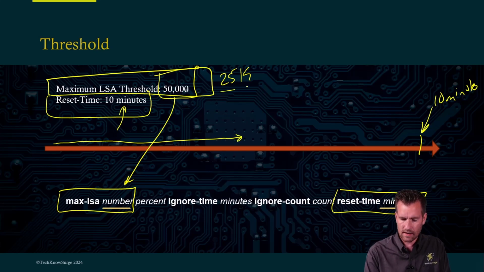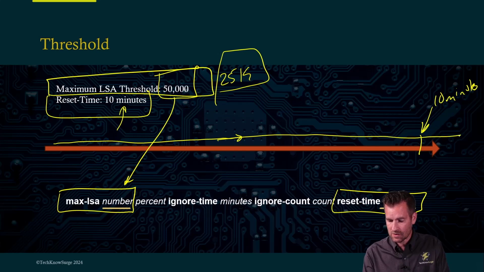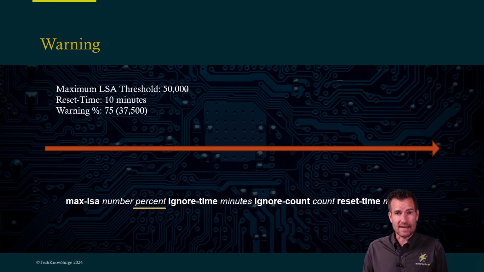If it reaches 25,000 before it hits this 10-minute mark, that's when it's going to hit that threshold, shut things down and stop listening. Otherwise, if it goes past this 10 minutes, at that point it resets the counter and things are okay.